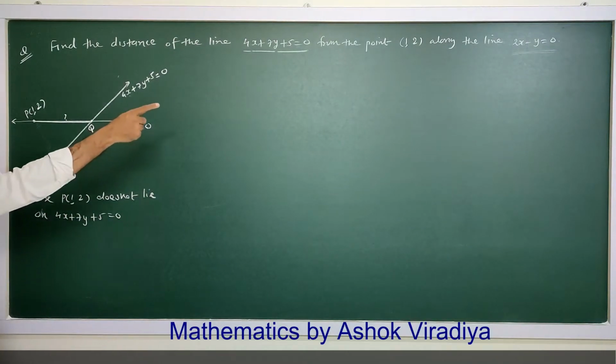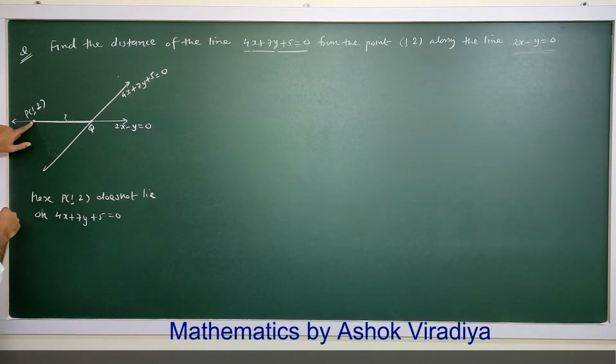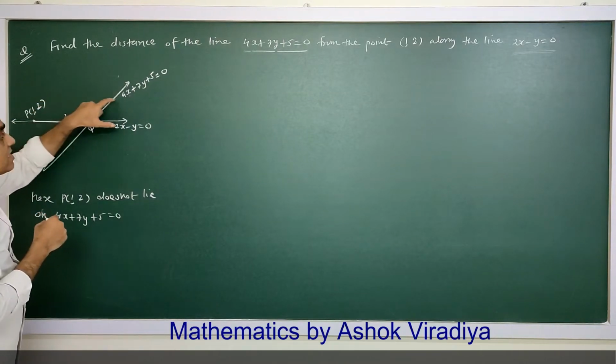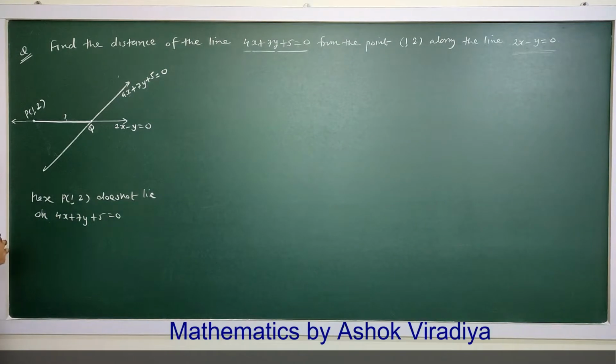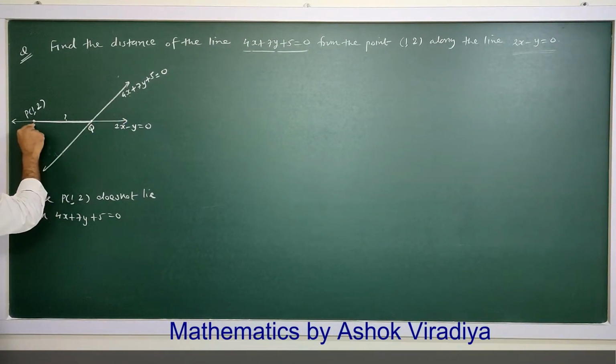So that equation represents a line not including this point. In that case, you have to draw the line excluding P like this. But because it includes 1, 2, we are taking it this way. So now you can see that the picture is clear.